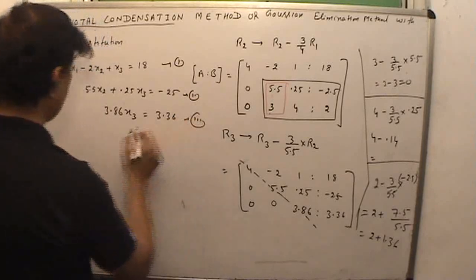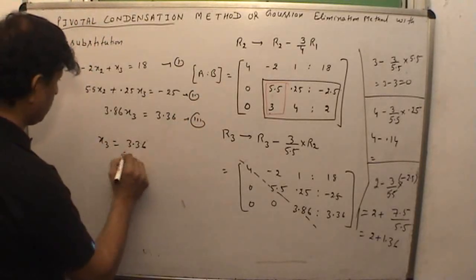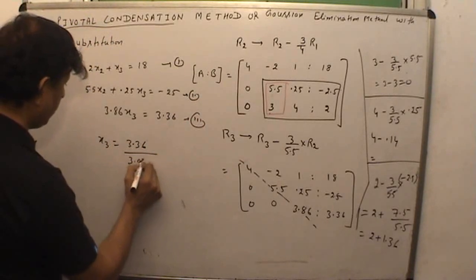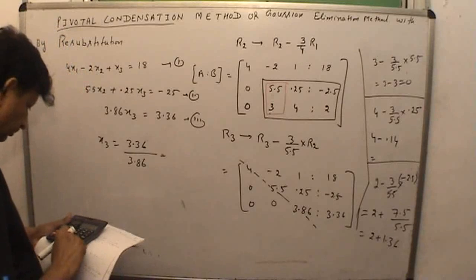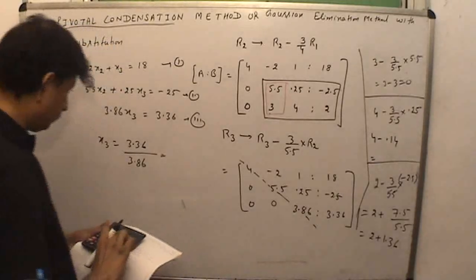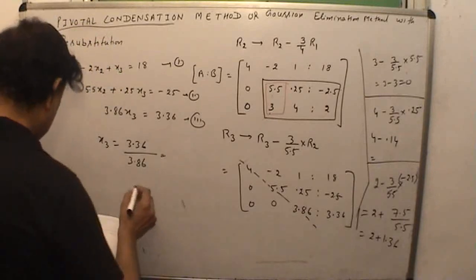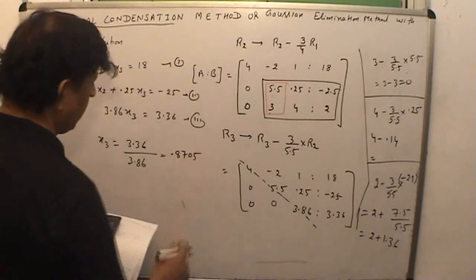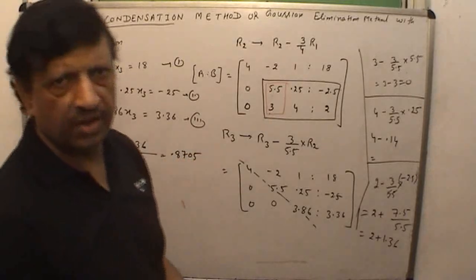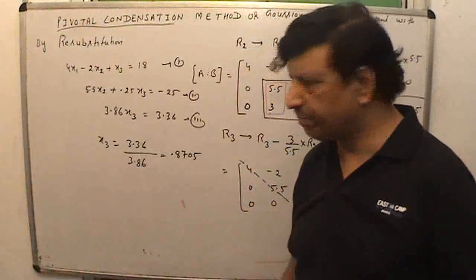We can solve them. Here x3 is equal to 3.36 divided by 3.86, that is equal to 0.87045. We have to consider the result minimum up to 4 decimal places.